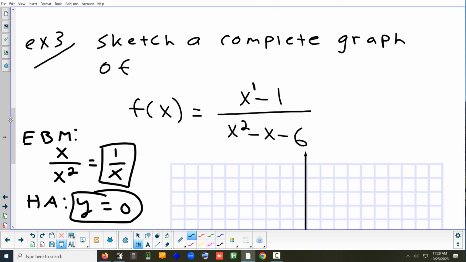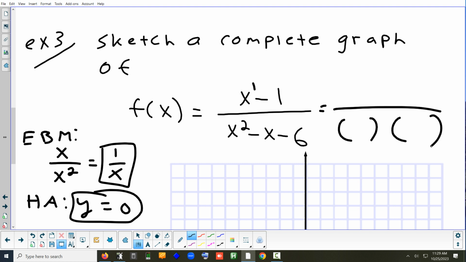Vertical, that's a little bit more work. How do we find the vertical asymptotes? It's where, what? Zeros in the denominator. Okay, so we should try to factor that. If you can't, it's going to be like 1 in the homework, you have to use the quadratic formula. But that factors.